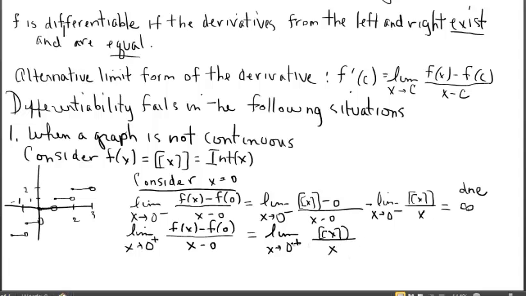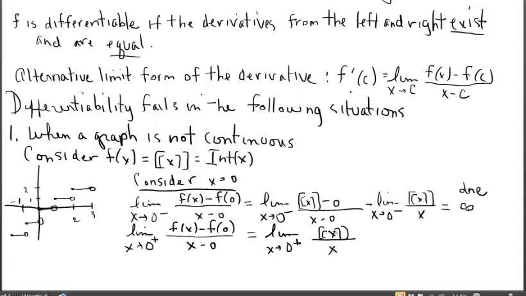Let's investigate the outputs as I approach 0 from the right. Coming over to the graph, if I approach 0 from the right, I'm talking about 0.1. If my input is 0.1, my output is 0. That's the step I'm on. So it's 0 divided by 0.1. And the closer you get to 0 from the right, 0.001, the greatest integer function still gives an output of 0.